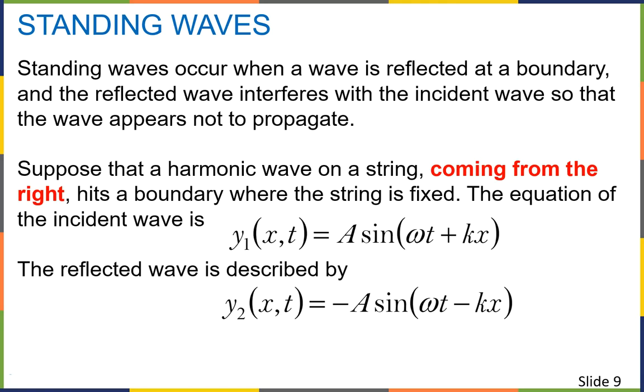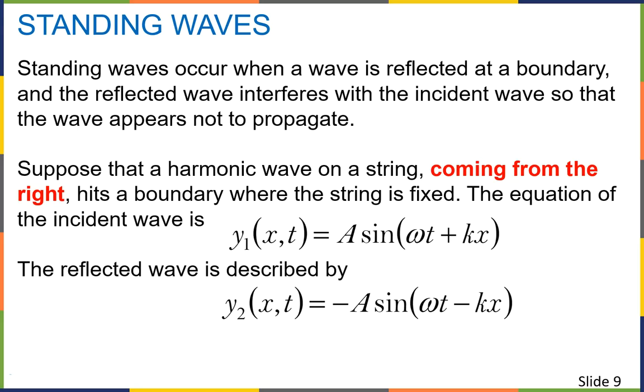Now, given this relationship, I can tell you what the speed is and I can tell you what the direction is. Here's the rule. If we want to stay at one displacement, like where displacement is the amplitude, then we want this argument to stay constant. So as time goes positive, what's x going to have to do for omega t plus kx to stay constant?